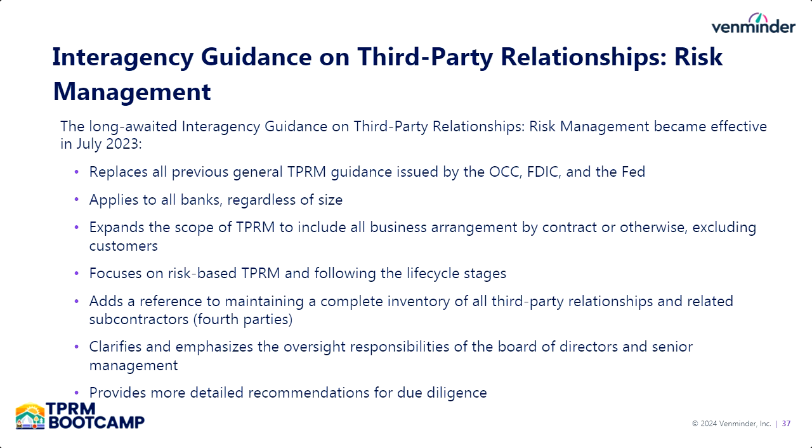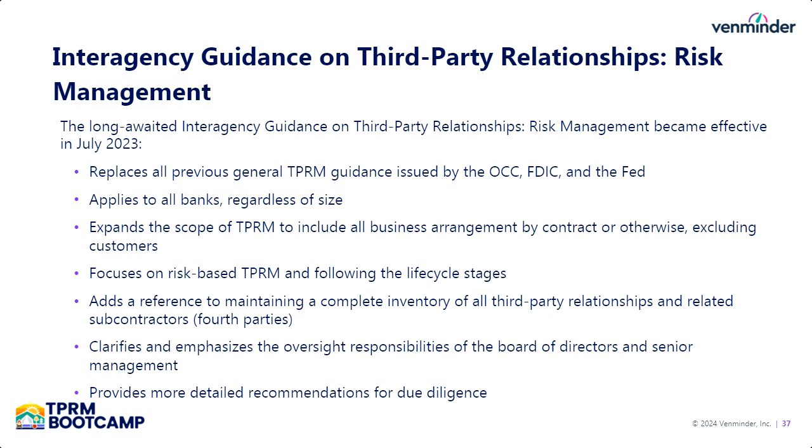Of course, the most notable one is the Interagency Guidance on Third-Party Relationships, which went into effect in July of 2023. This guidance applies to all banks and expands the scope of third-party risk management by stating that all business arrangements should be included. One of the main themes of the guidance is using a risk-based approach, which just means that your critical and high-risk vendors should be assessed, monitored, and managed with the most scrutiny.